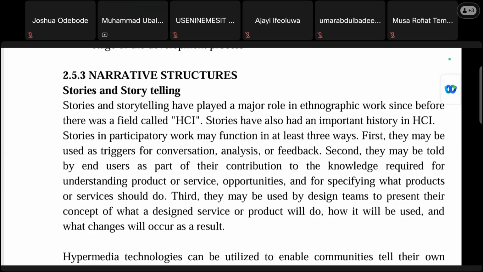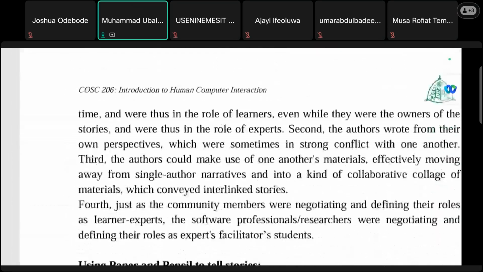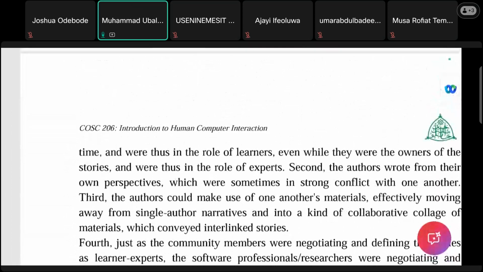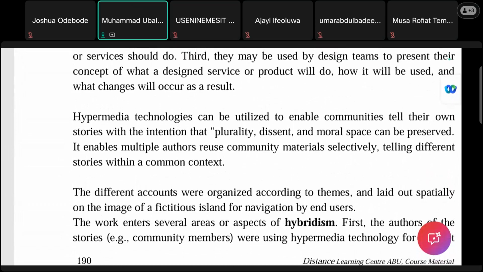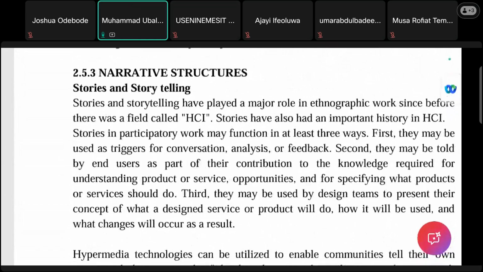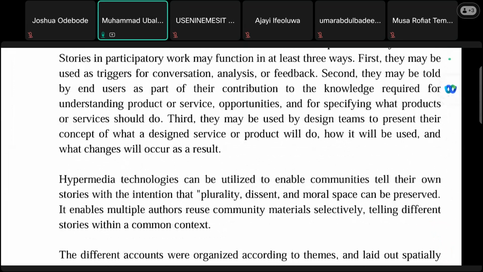So when talking about these storytelling methods, it includes written stories, actually. Number two, it includes what we call storyboard. Storyboard allows you to write stories using cards, not necessarily a board, but using cards in order to create a pictorial presentation of your story.